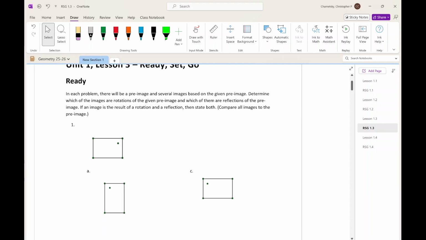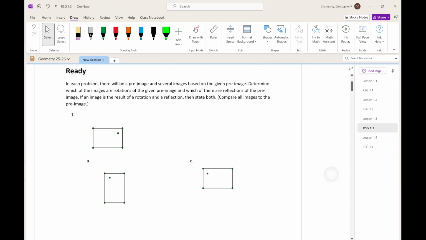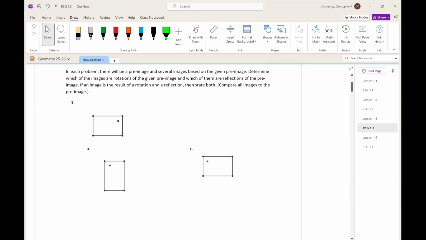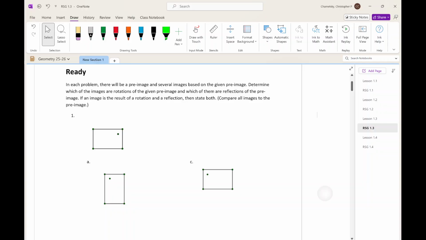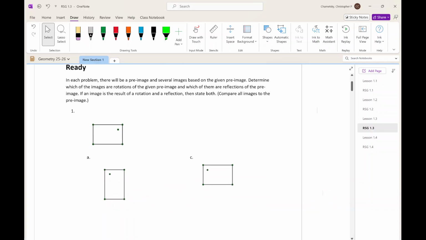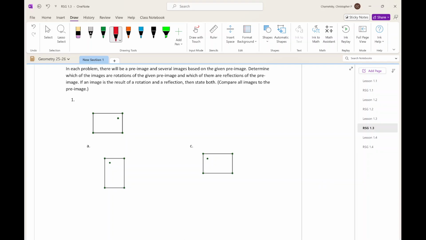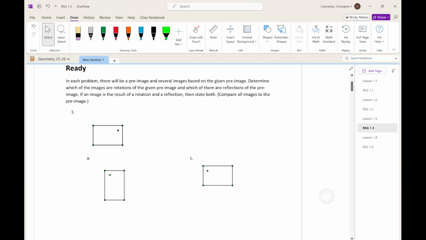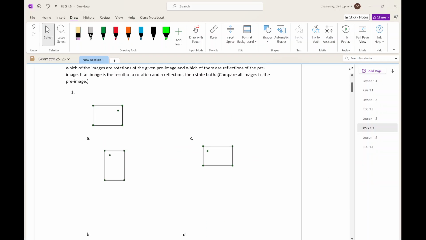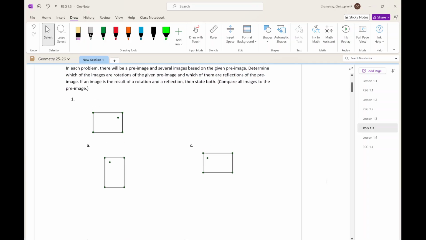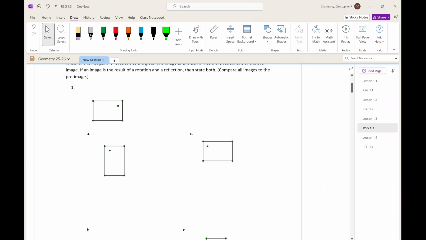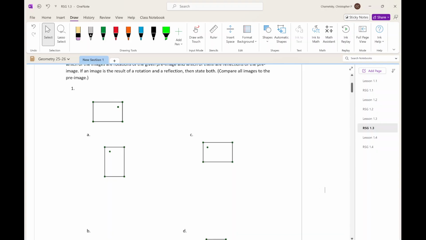For question 1 here, we are being asked to determine what type of transformation is occurring from this original image up at the top left and for each subsequent picture for A, B, C, and D. For A here, this looks like a rotation going 90 degrees counterclockwise.